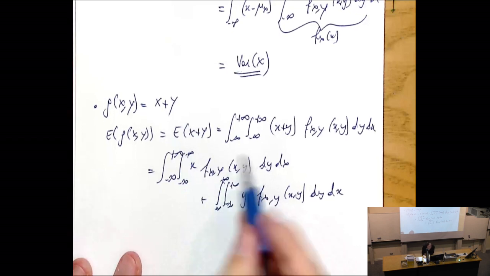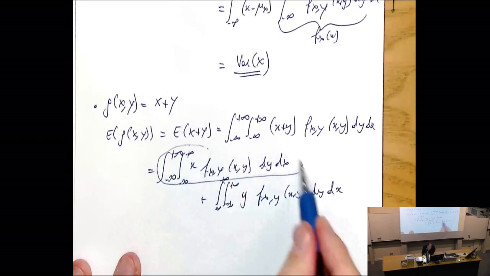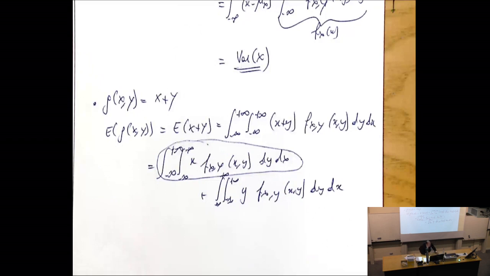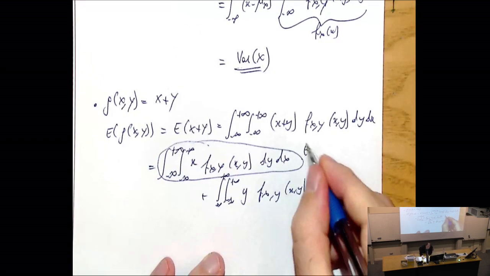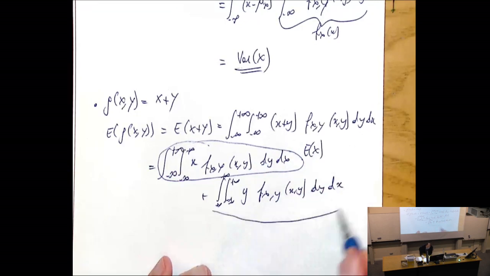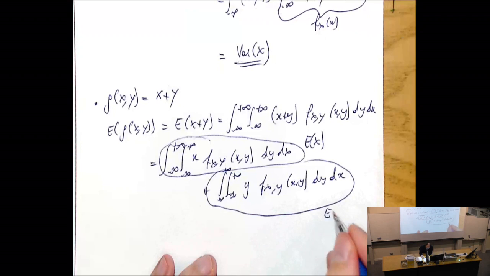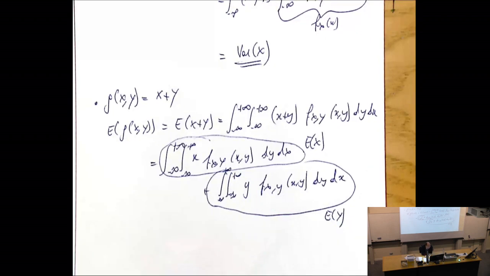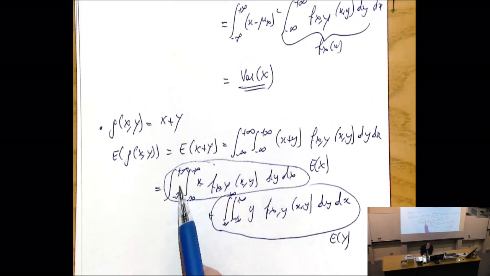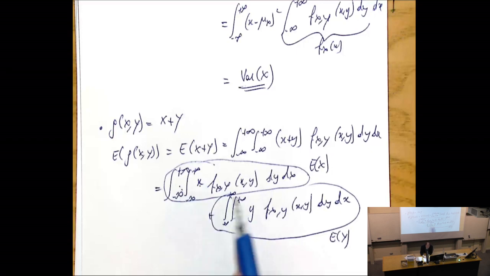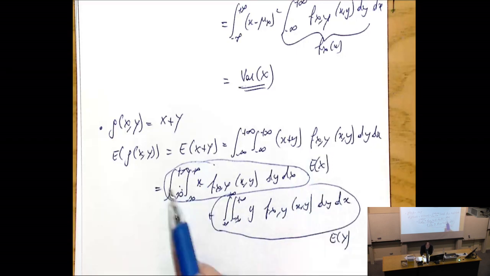What is this? This is the expectation of x. And what is this? This is the expectation of y. Is that clear? Again, you can take x outside, and then you have an integral of a joint PDF. This is the marginal. So you get x multiplied by the marginal of x, and you integrate over x.